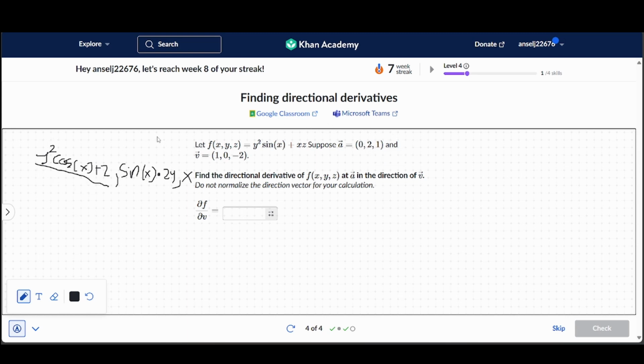So y, it's 2, so 4 times cosine of x. Cosine of 0 is 1, plus z. What's z? It's 1 plus 1, comma, sine of x. That's 0 again. Yeah, that's 0. 0 times anything, that's 0.